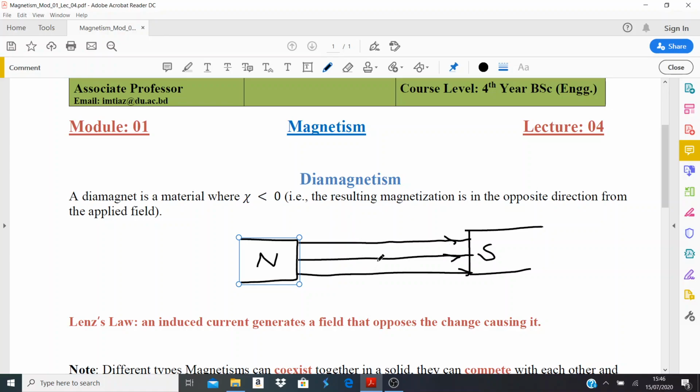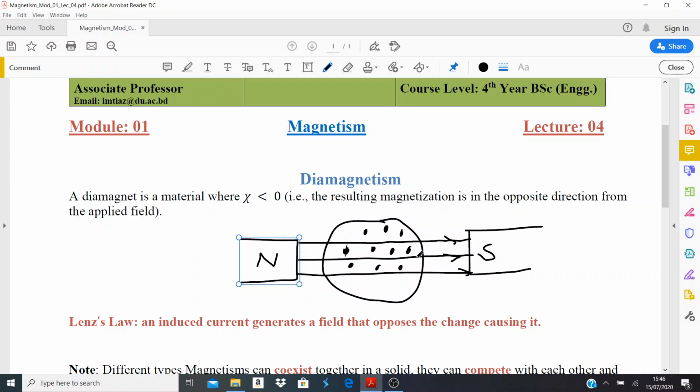Now, to understand the behavior of the diamagnetic material, we will put a diamagnetic material in this magnetic field. And inside this material, we have certain species which are identical in nature, and these species can be ions or atoms.